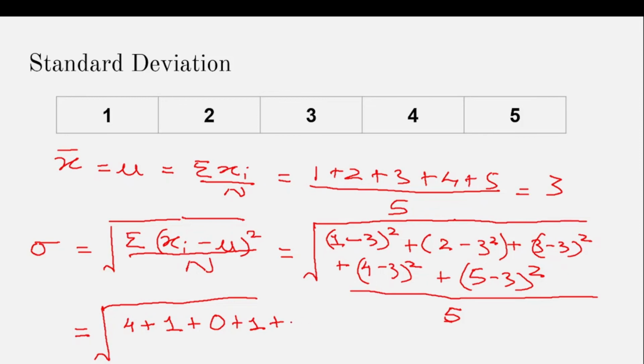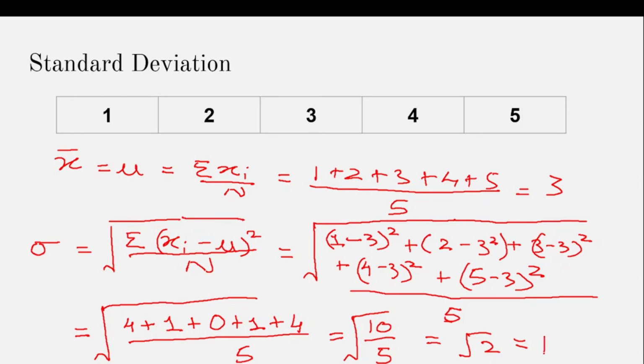Plus 5 minus 3 is 2, so 2 squared will become 4. Dividing it by 5, it will become equal to the square root of 10 by 5, which is equal to the square root of 2, which will become equal to 1.414. So this is my standard deviation.